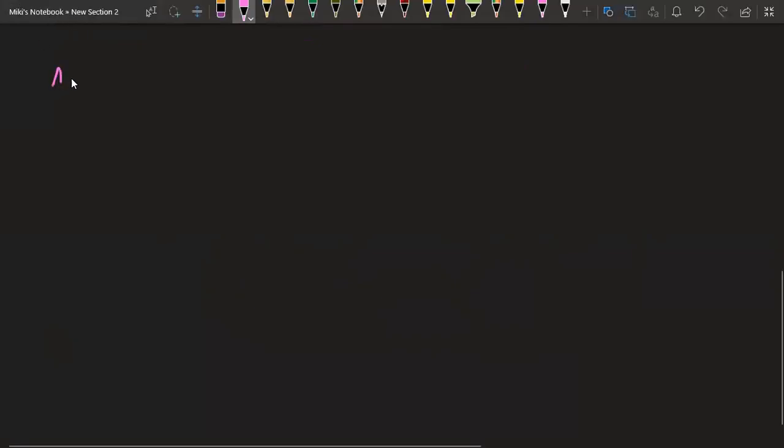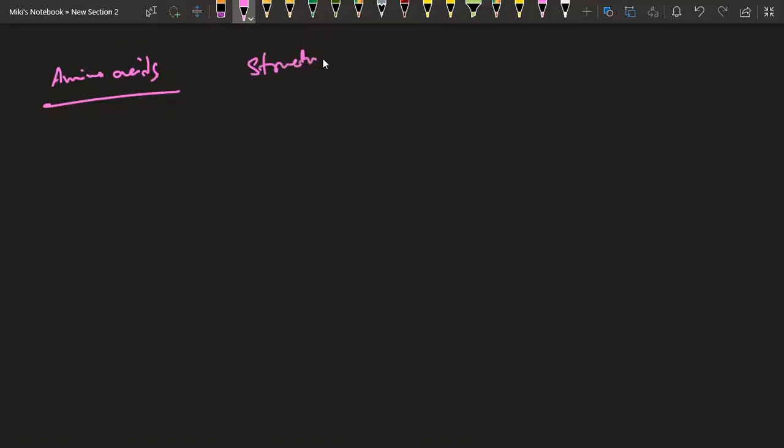Let's say in one of the column headings, we are given amino acids. We have amino acids in one column, then we have the structures in the other column, and we have the types of interaction.